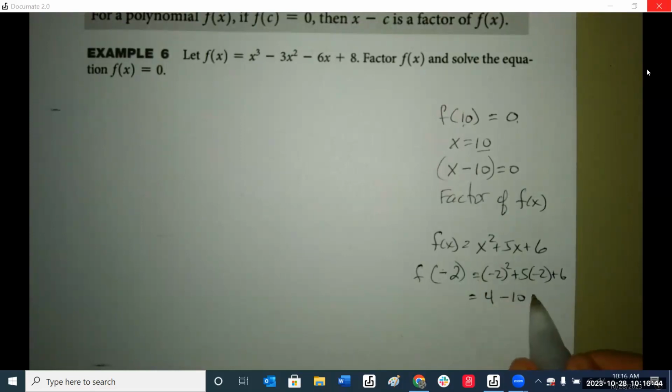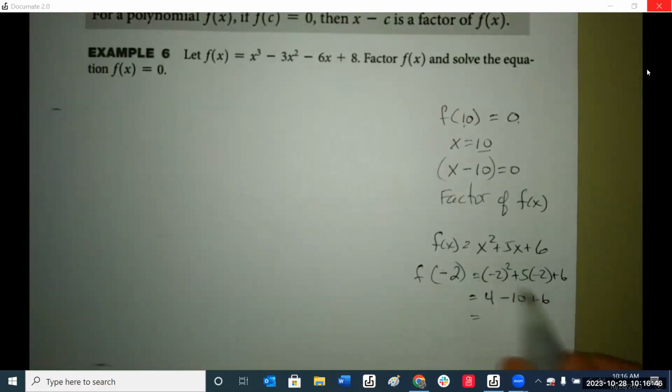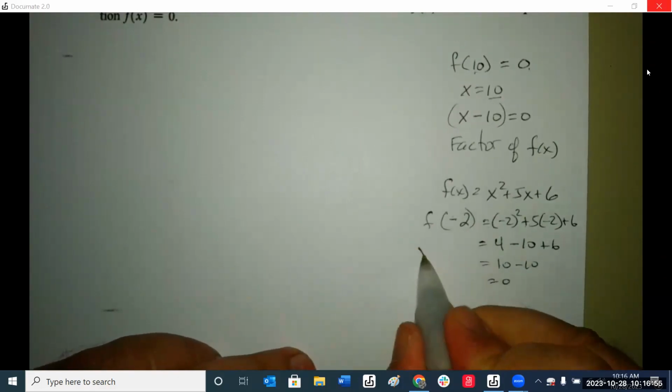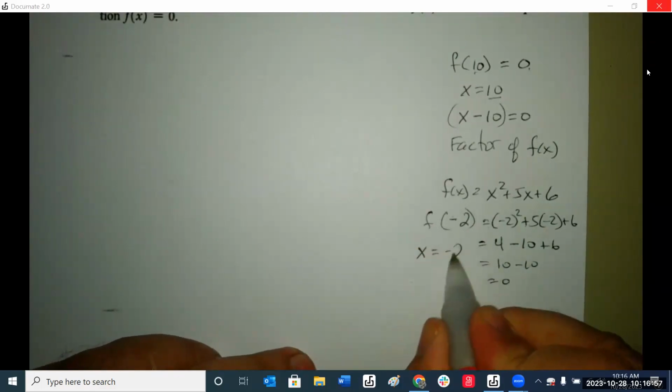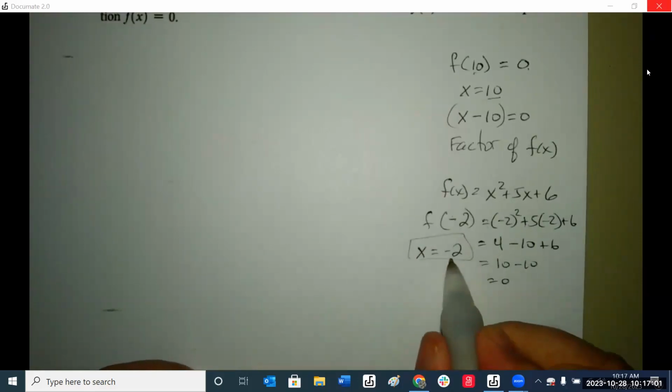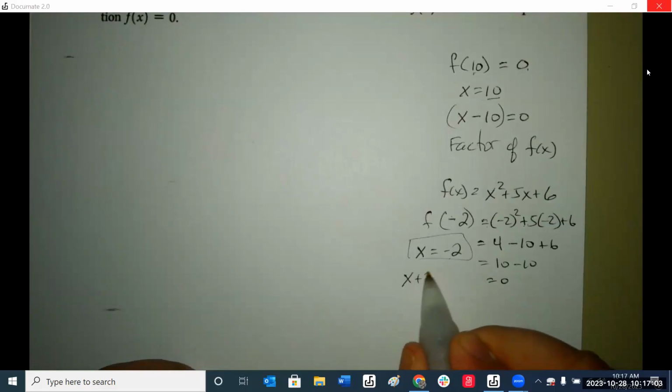Positive 4 plus negative 10, plus 6, is 0. So since it equals 0, we know that x equals -2 is a zero. Set that equal to 0. We have x plus 2 equals 0. So this is a factor.